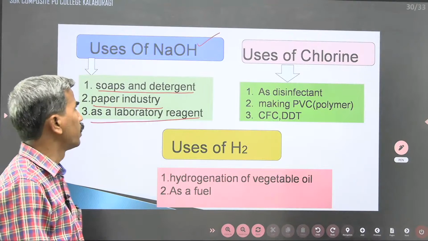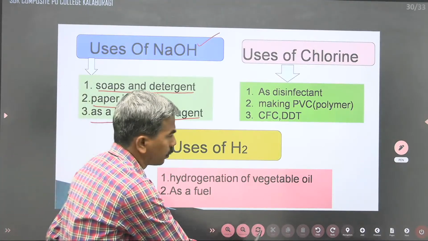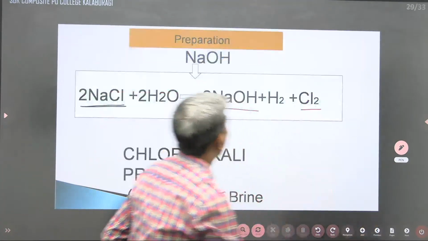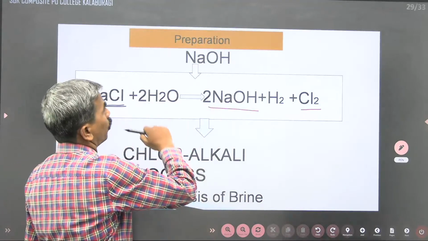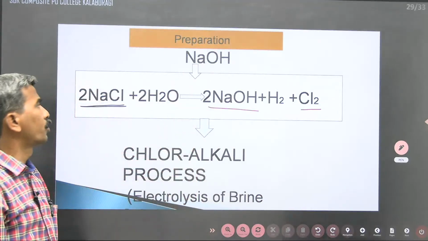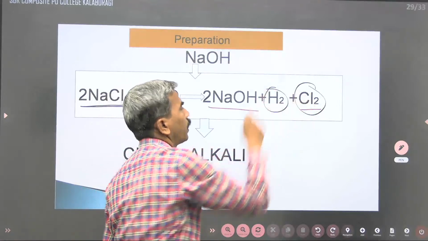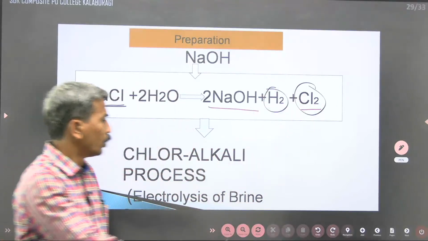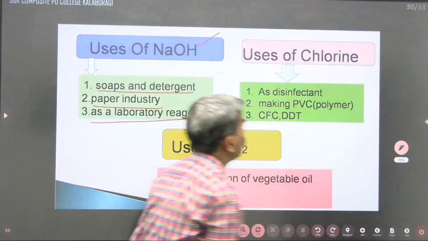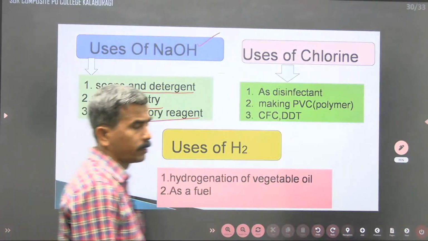During the preparation of sodium hydroxide by electrolysis of brine, we also get two other compounds, hydrogen and chlorine. For those also, I have listed their uses.